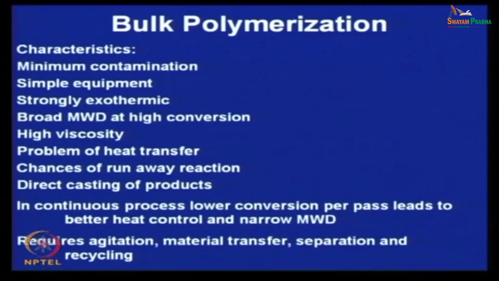So, we can say you can get minimum contamination in the product. So, purest form of the polymer can be available for, say, medical purpose, biomedical engineering, where purity is a criteria. There you can use this bulk polymerized polymer.